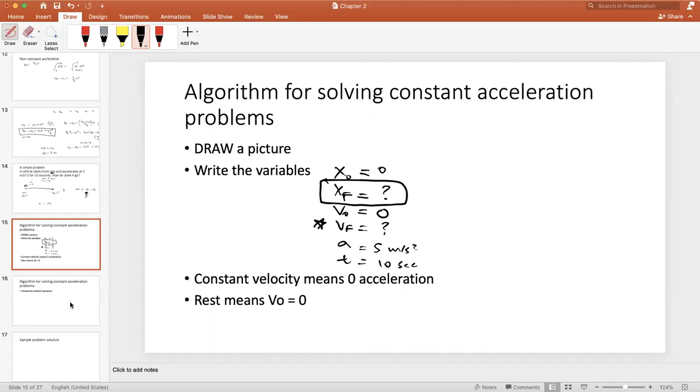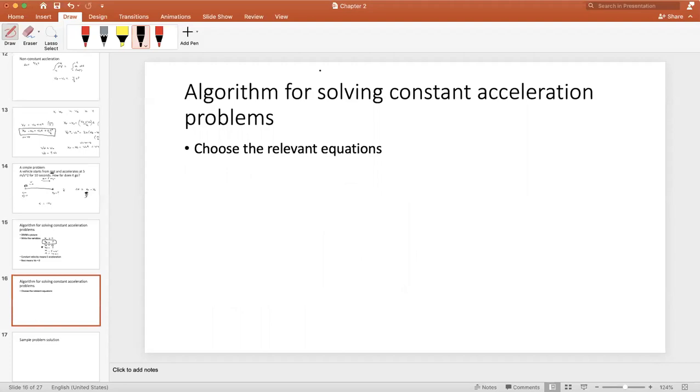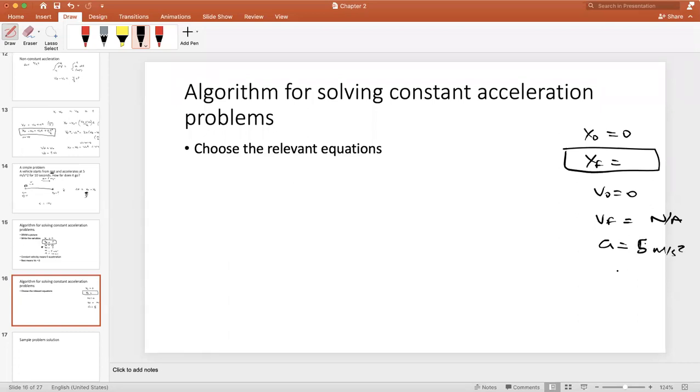Okay, the final step, and I'm going to rewrite these. X initial was 0. X final was what I wanted to solve for. V initial was 0. V final and A. A was 5, and T was 10 seconds.